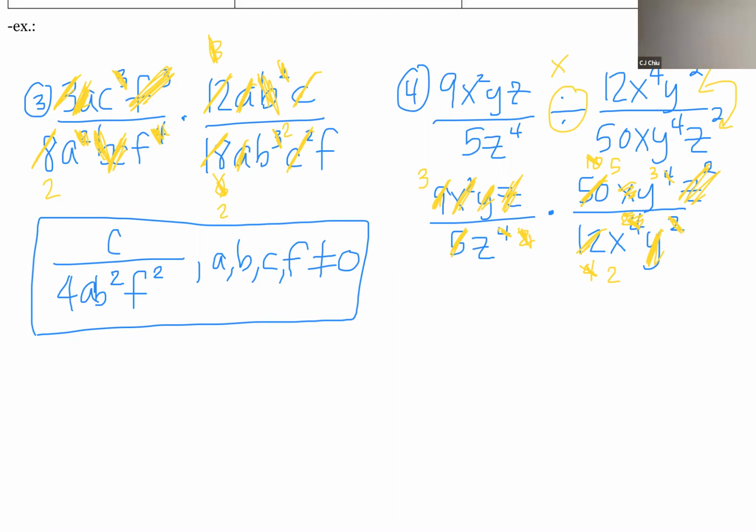So then what are we left with? Well, 3 times 5 gives us 15, and we have a y cubed on top. Then we have a 2xz on the bottom, and then x, y, z not equal to 0.